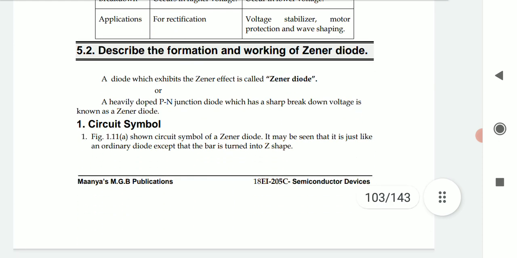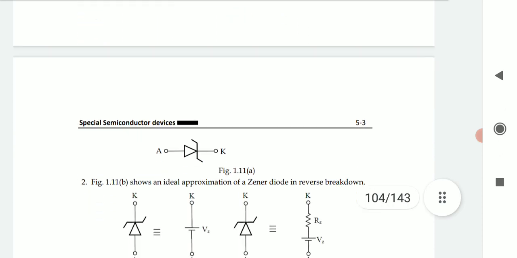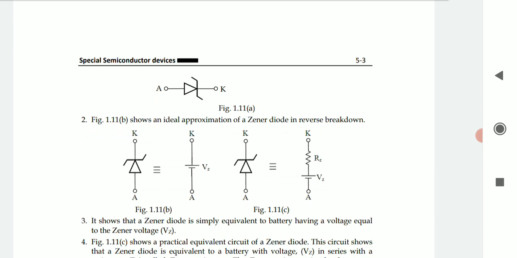Let us see here the working of Zener diode. A diode which exhibits the Zener effect is called Zener diode. A heavily doped p-n junction diode which has a sharp breakdown voltage is known as the Zener diode. The second definition may be used. Here the circuit symbol is again given.